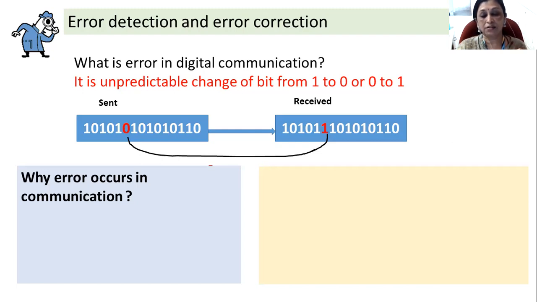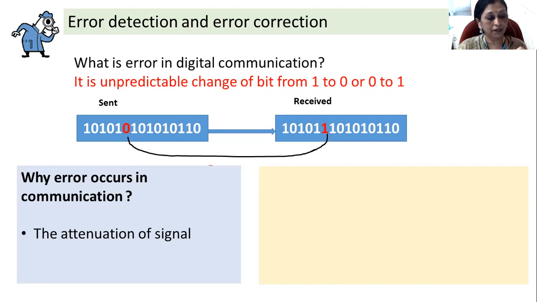As strength of the signal goes on decreasing, the higher voltage may be reduced and it may become a low voltage. The change of logic high to logic 0 will take place. Why? Because the strength of the signal reduces as it travels from source to the destination over a long distance.